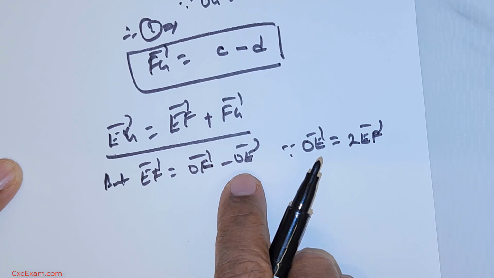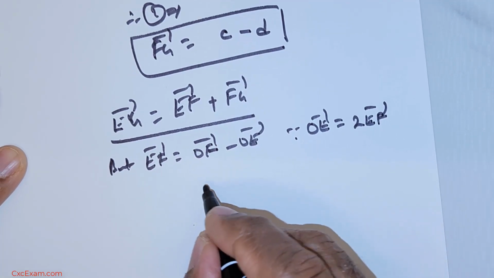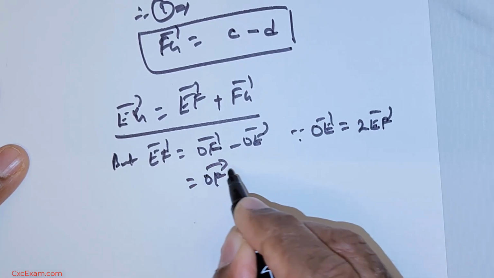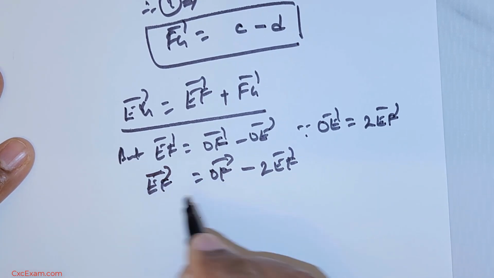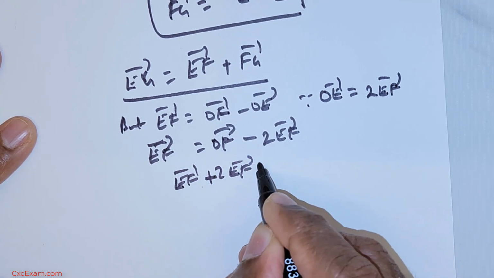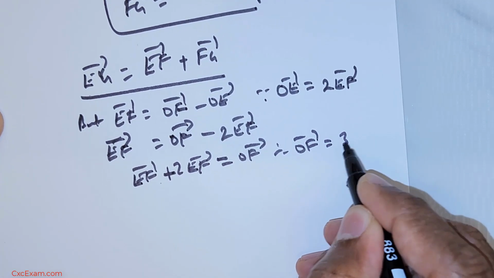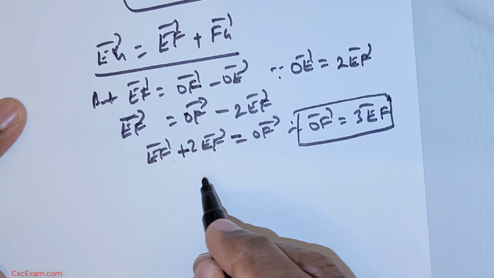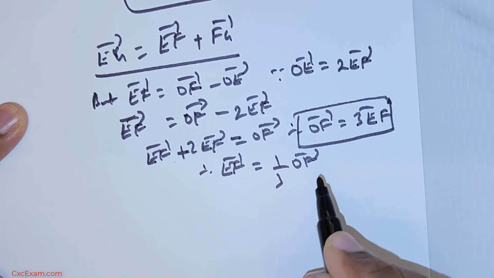So we substitute 2 times EF here, so this is OF minus 2 times EF. You push this to the other side. So you have EF plus 2 times EF is equal to OF. So therefore OF is 3 times EF. So EF is equal to 1 over 3 times OF.